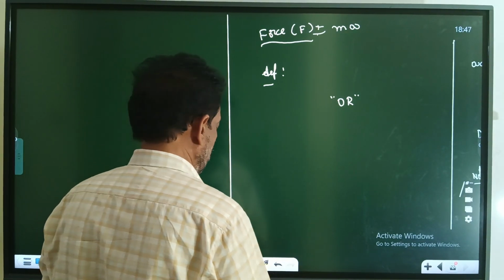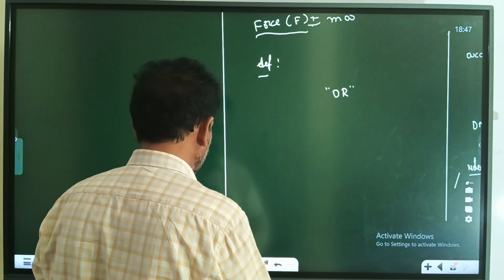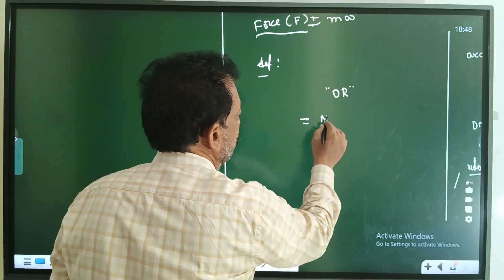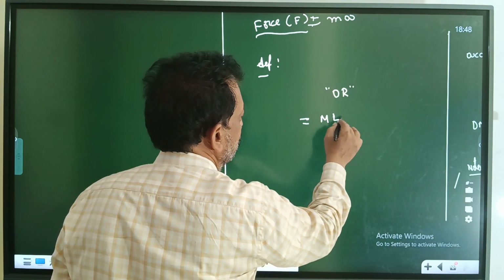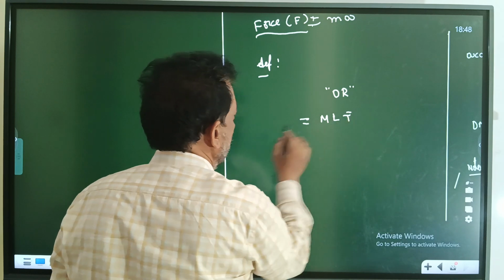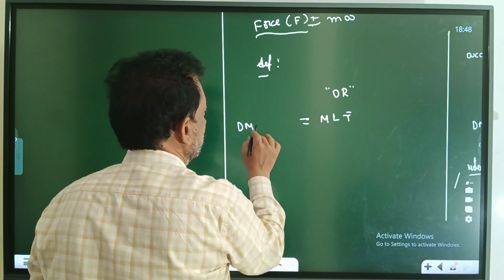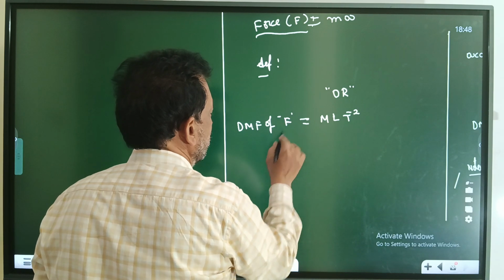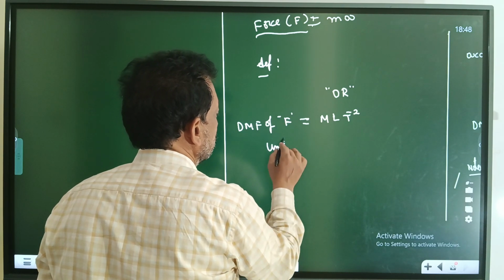Now coming to force is equal to ma. What are we going to get? M, and acceleration is L t to the power of minus 2. We got the DMF of force. Now what is the unit?